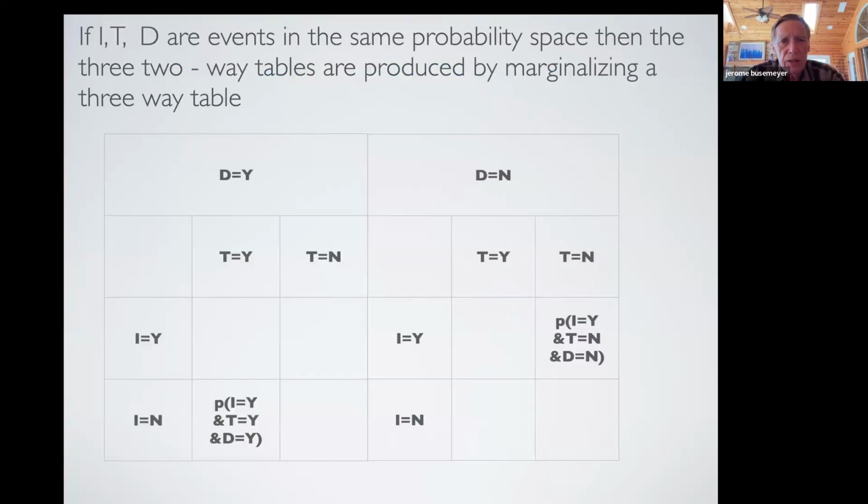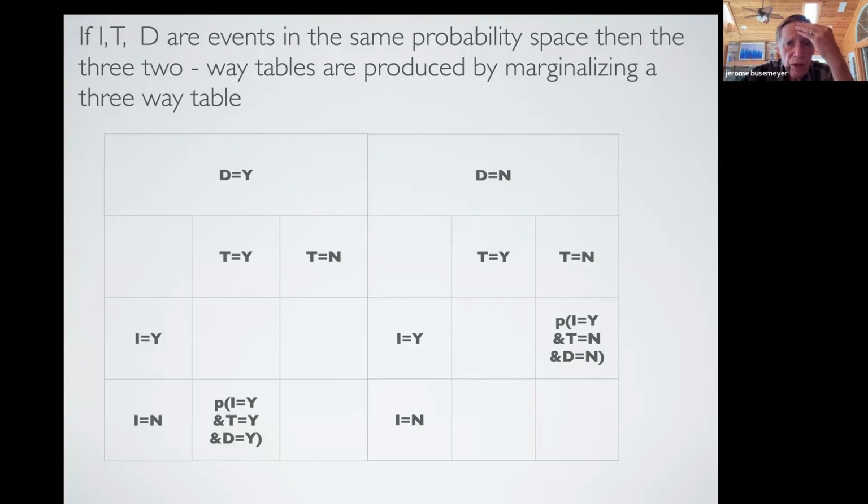Now, if it's all a joint probability space, in this case it will be a three-way joint probability space. If we have a common probability space, then all the probabilities we obtain from these pairwise questions come from a common three-way table by marginalization.